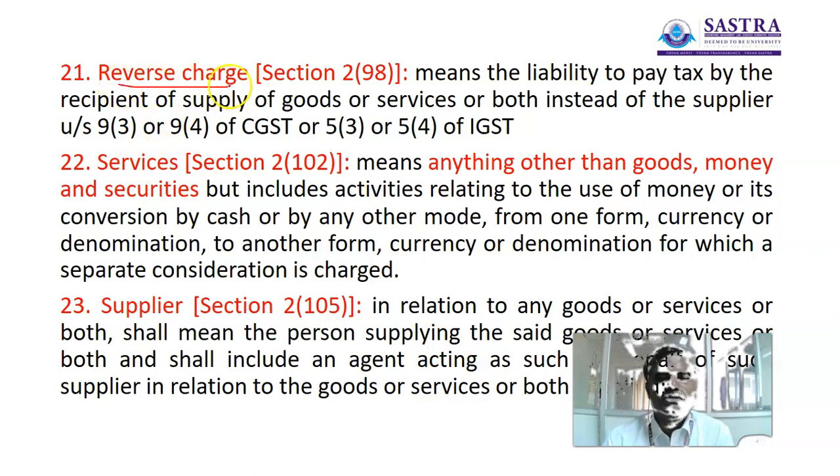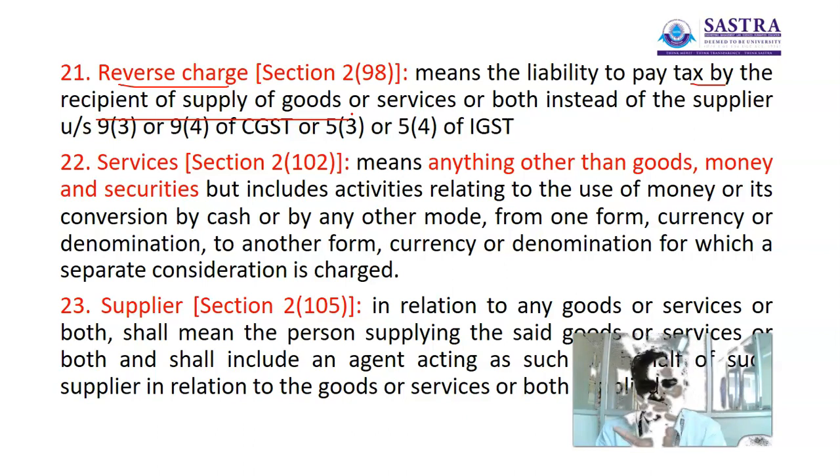Reverse charge means liability to pay tax by the recipient of supply of goods or services or both, instead of the supplier. You see here, who has to pay GST? The supplier has to pay. How? The supplier collects GST from the customer, then pays it to the government.